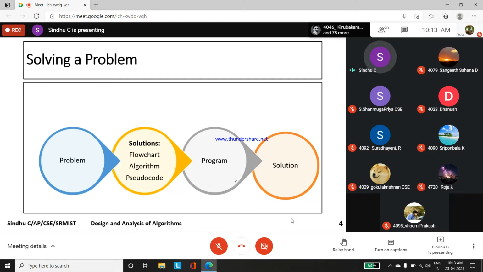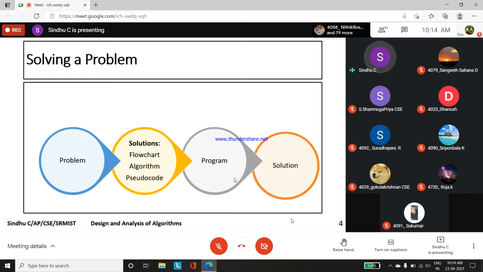So you have a problem, you have some ideas for the solution, right? You plot it in one of these, and then you go for making it into a program. After you do the program in any language that you know, C, C++, or Java, or whatever it is, then you get a solution.